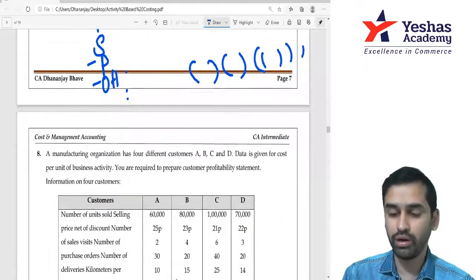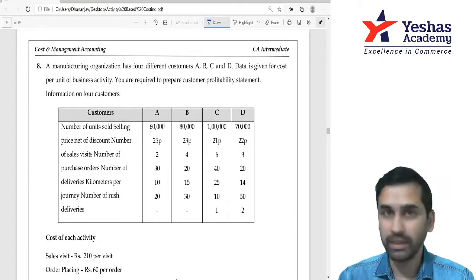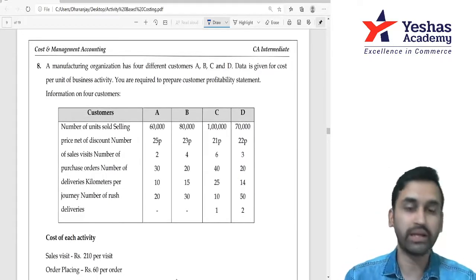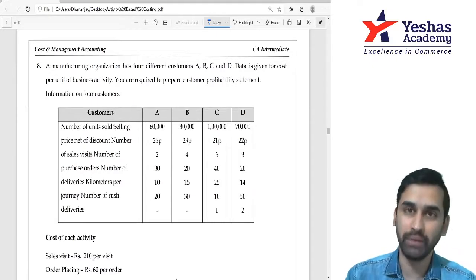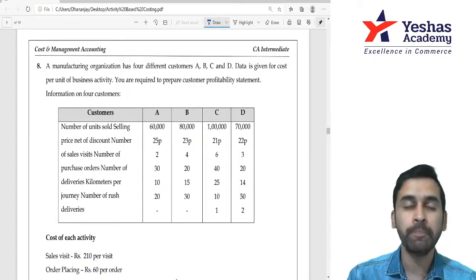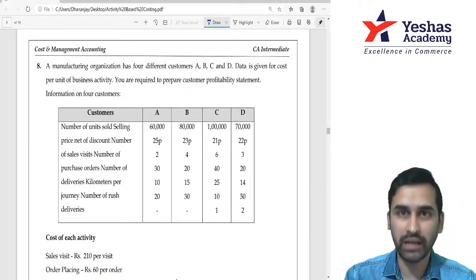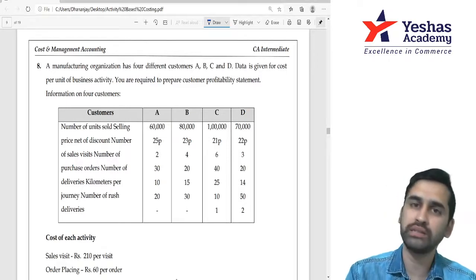By the way, all questions that I solved so far is for 10 marks. So ABC mainly you can expect a 10 marks question. If they ask for 5 marks, it will be only to calculate ABC rate. They may say work out only ABC rates, don't prepare income statement, don't calculate profit, don't find out total cost, just to find out ABC rate.